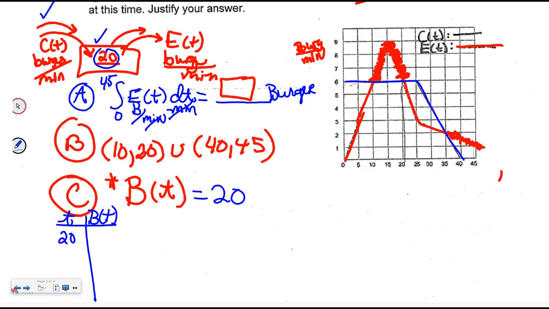So we have to consider the endpoint. So I'd consider at time 0, there were 20 burgers, and at time 45, I would have answered that in part A. So I'm just going to write box burgers because, well, actually, that's not even the case. I'd actually have to figure that out.